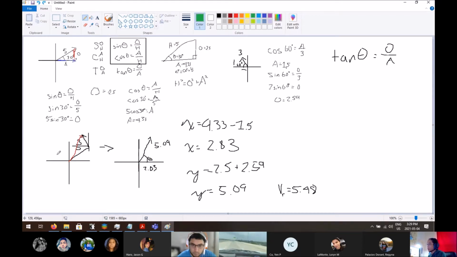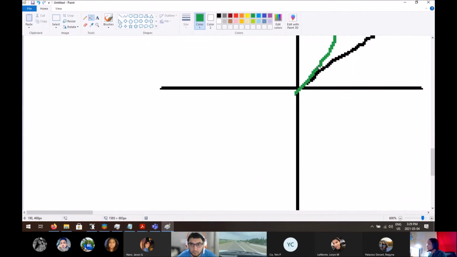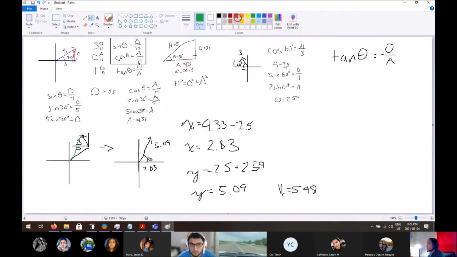I'm going to use the same colors. So you have your y right here, which is 5.09. That's going to be your opposite. And then you have your x, which is 2.83.